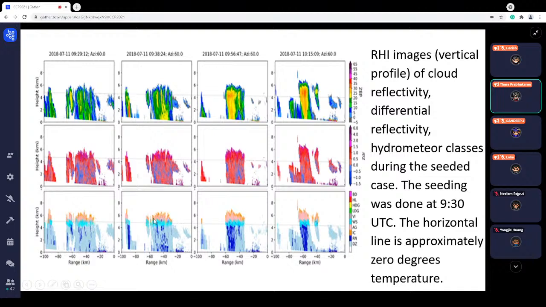So after the seeding, we don't know whether it is really due to the seeding effect, but we can see there are more raindrops forming in that seeded area. And also we can see that there is an enhancement in the ice, the aggregation and the ice. And also the cloud had gained a little more depth during that time.